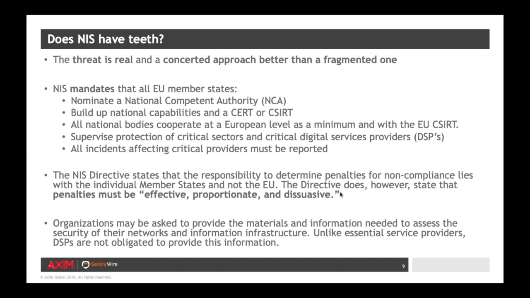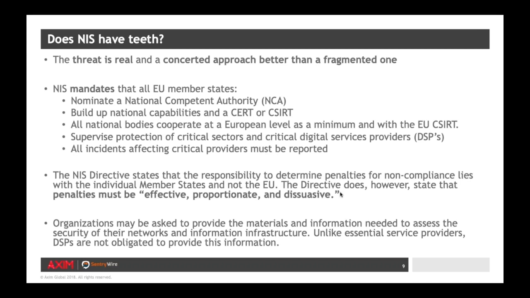That it builds up national capabilities, a CERT or CSIRT, that the national bodies actually cooperate in a structured manner at an EU level, and then obviously beyond that as well.